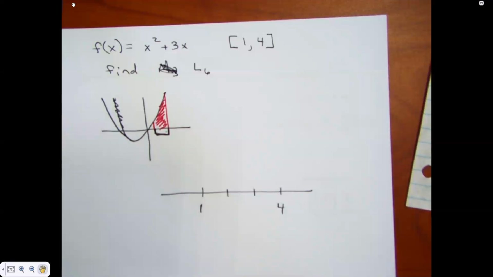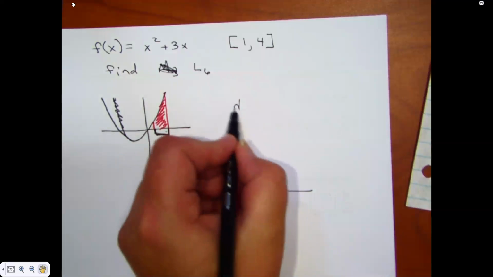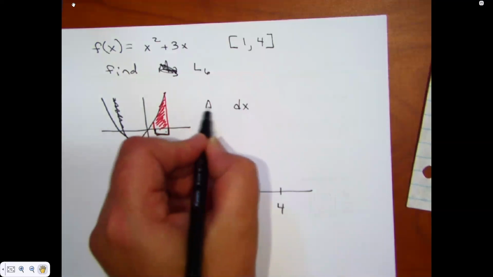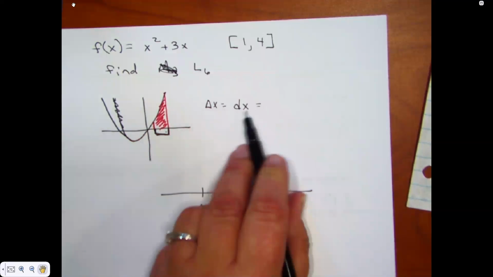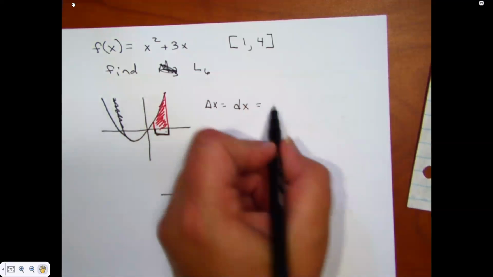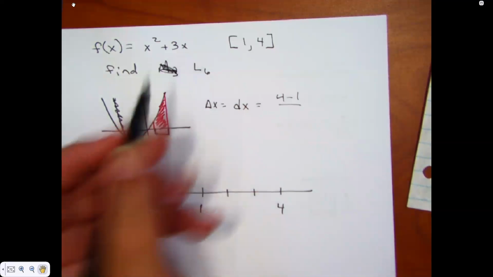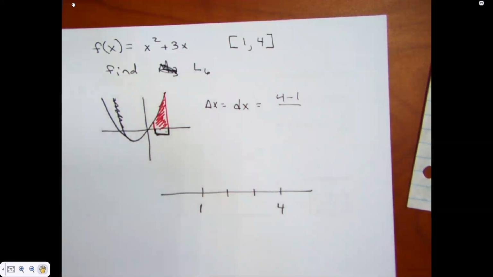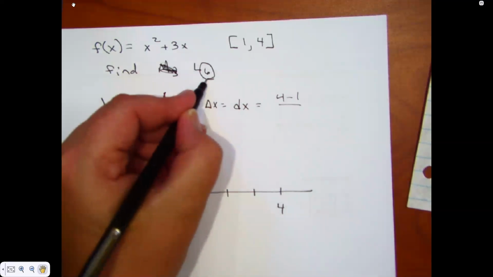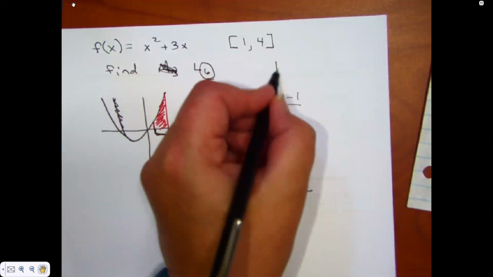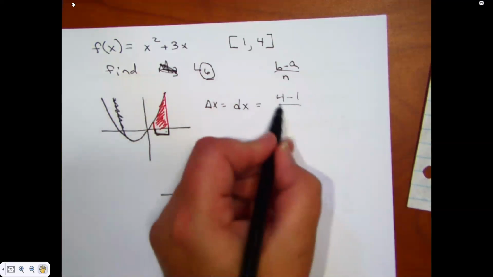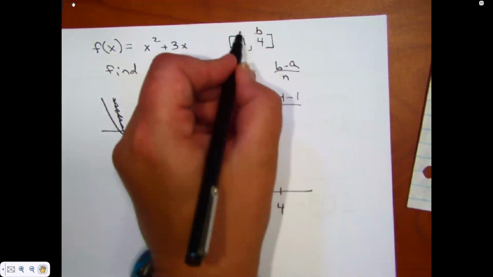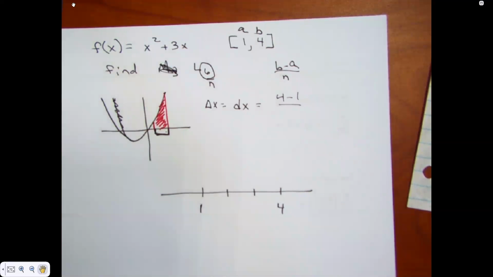Fine, that's not a problem at all. Otherwise, delta x, dx, is b minus a divided by my number of rectangles, which is 6. B minus a divided by n. This is b, this is a, this is n.